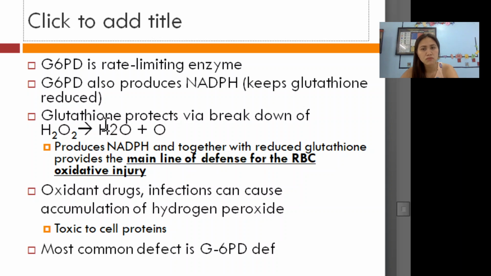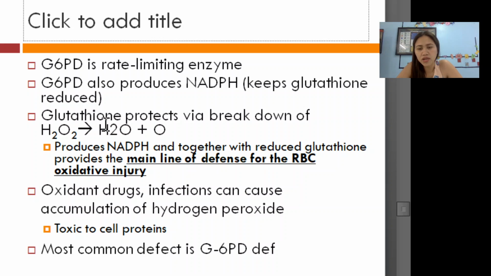Kaya when we have accumulation of hydrogen peroxide, it destroys the cell proteins. Okay? It is toxic to our cell proteins. Okay? So, have you heard of G6PD deficiency, a disorder?